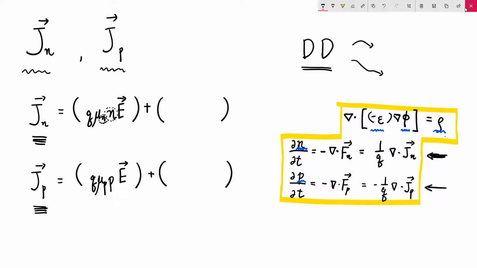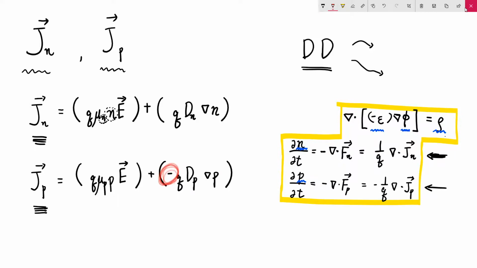Then when you go to the diffusion term, in the case of electrons, we will have dN, electron diffusivity, and gradient of electron density. And in the case of holes, now we have this form. Let's have a look here.